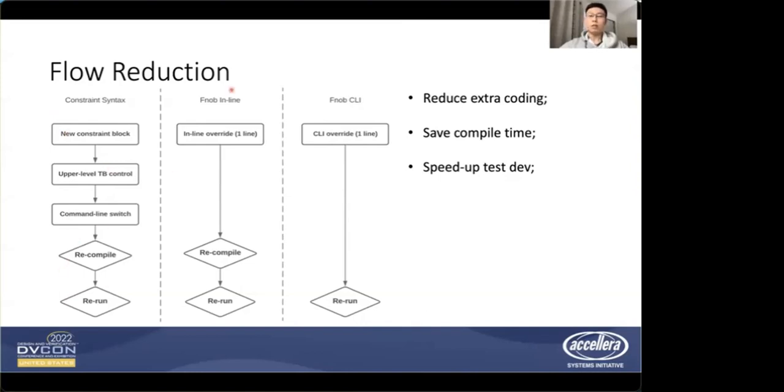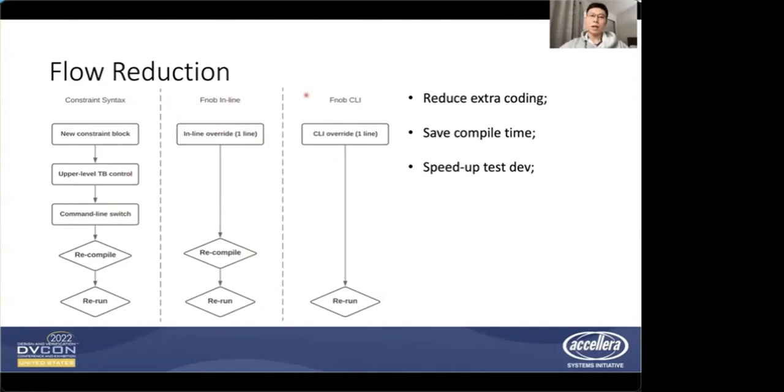With Fnob, if we code the Fnob override inline, what we need to do is just one line of inline override code, which reduces the amount of coding. And we skip all the upper level TB control and directly go to the recompile and rerun. This reduces the amount of coding time.